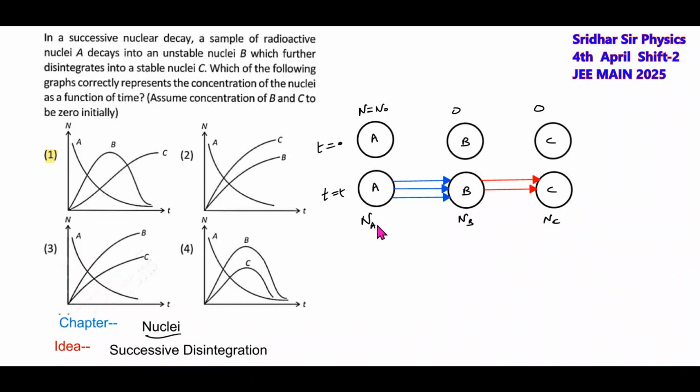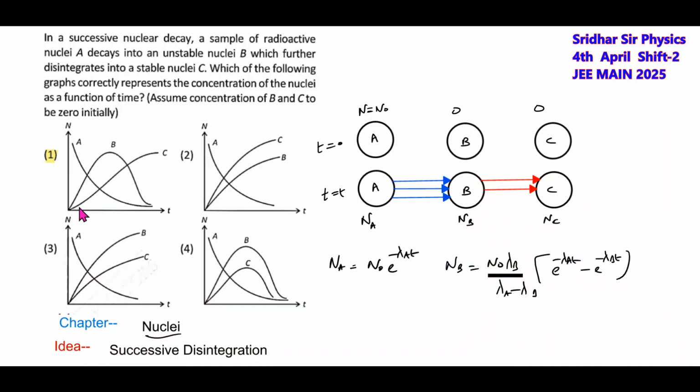The expression for Na will be N naught e to the power of minus lambda A t. Nc will increase, whatever Nb decreases will be Nc. What about Nb? Nb will be given by N naught lambda A by lambda A minus lambda B. If you go and check it, it is going to increase like this.